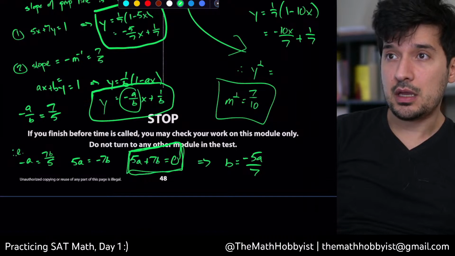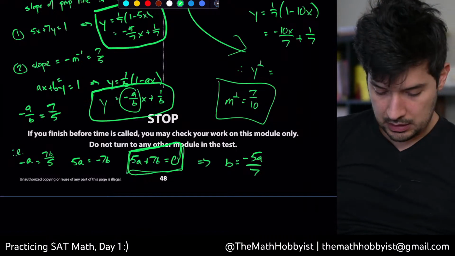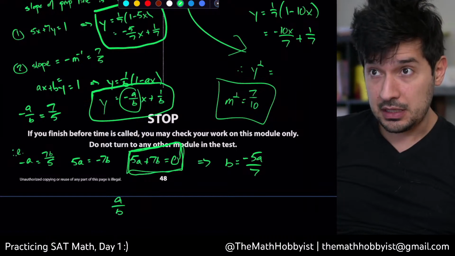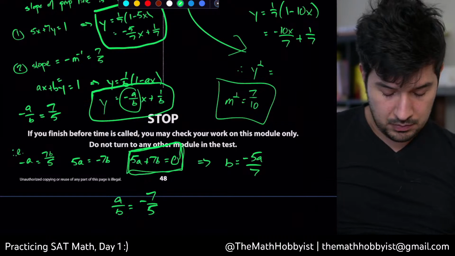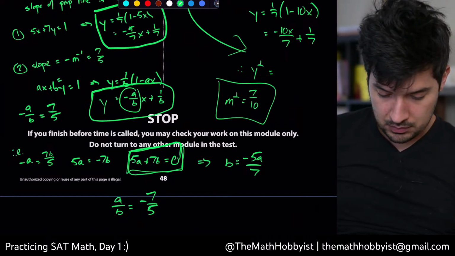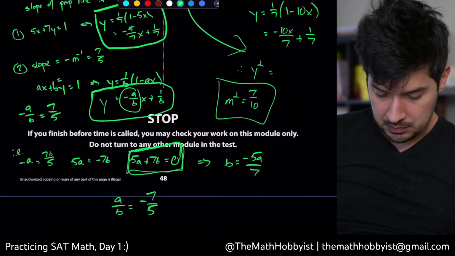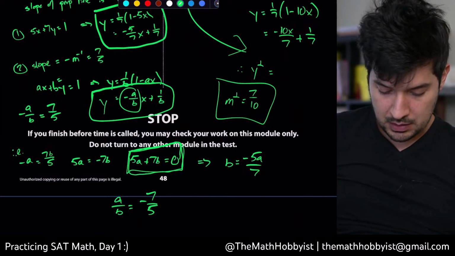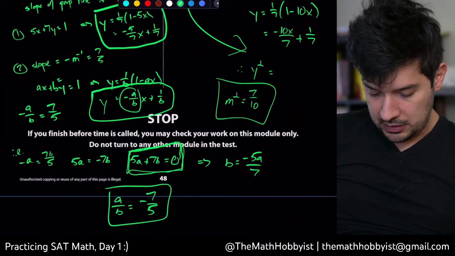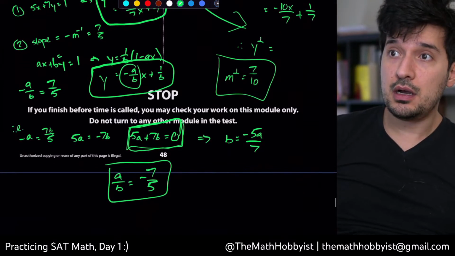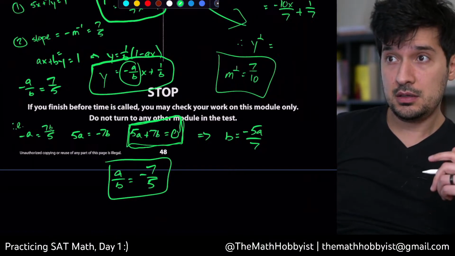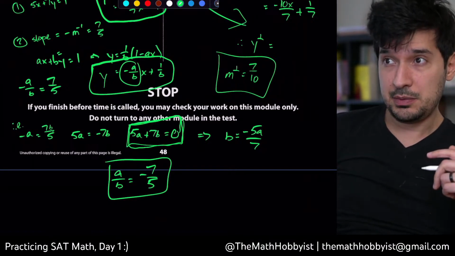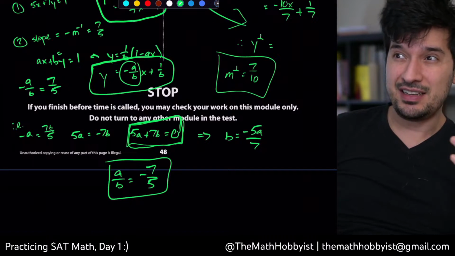Therefore, they got this same... wait a minute. Okay. They wrote it out as a over b equals negative 7/5. That's the same, right? Yeah, so they wrote an equivalent thing to solve for a in terms of b, simply rewriting the equations in choice B. So, okay.